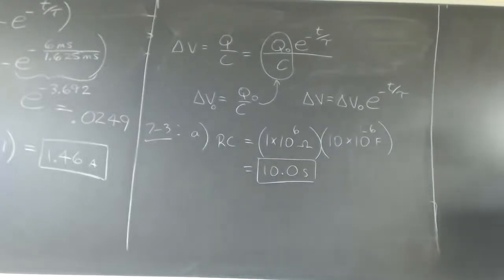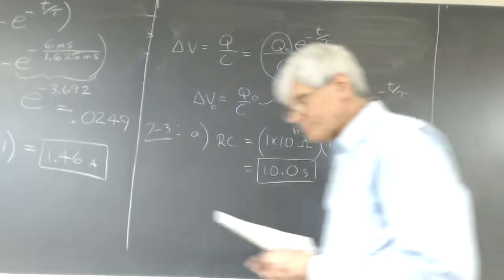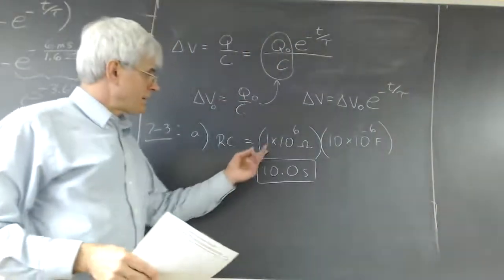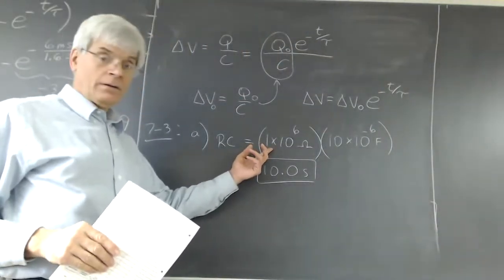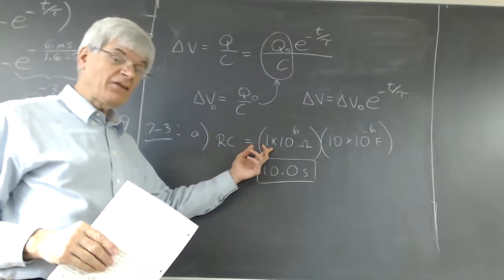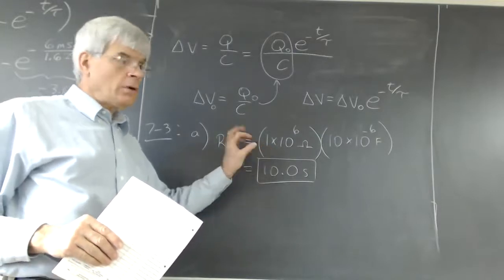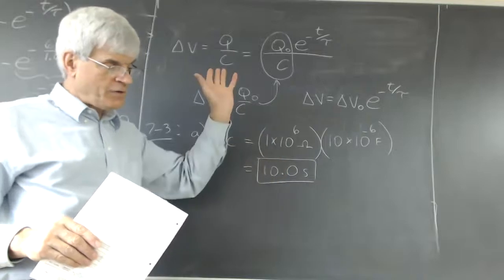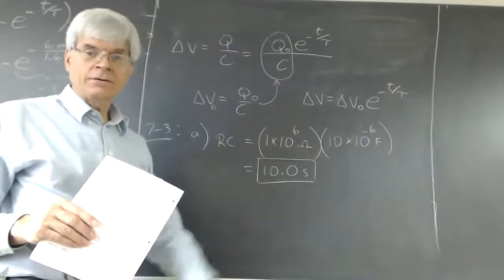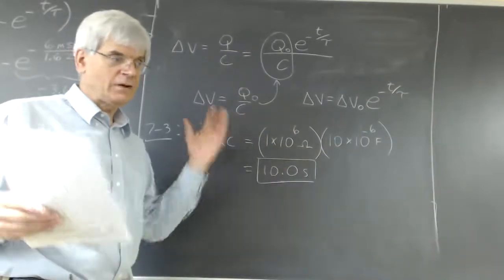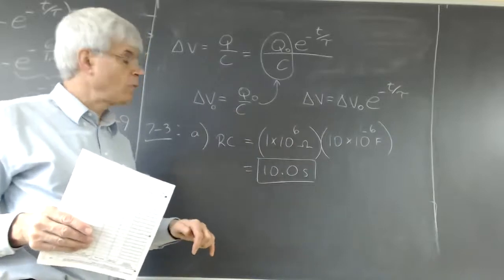That's a long time constant. They're usually in the milliseconds or even shorter than that. But what's going on here is that 1,000,000 ohms, that's significant. And so the large resistance keeps the current down to something in the microamps somewhere.